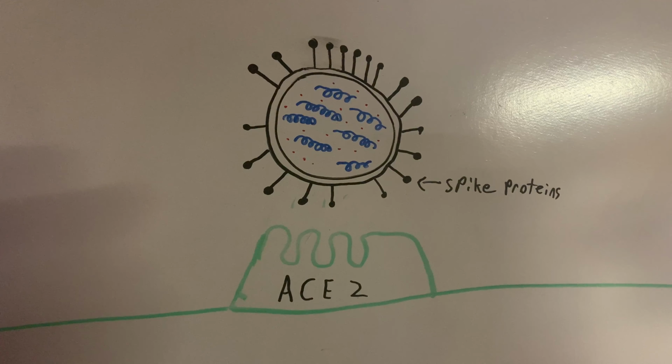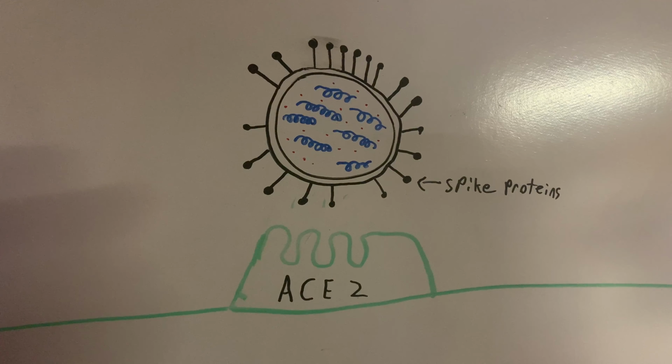So here's a very simple representation of the SARS-CoV-2 virus. It has a central part that is made of RNA and some other proteins. It has a capsid, which is made out of proteins and lipids.